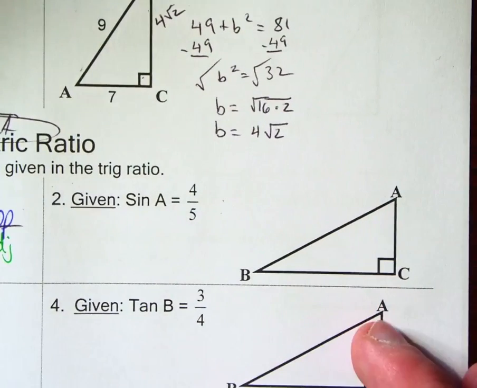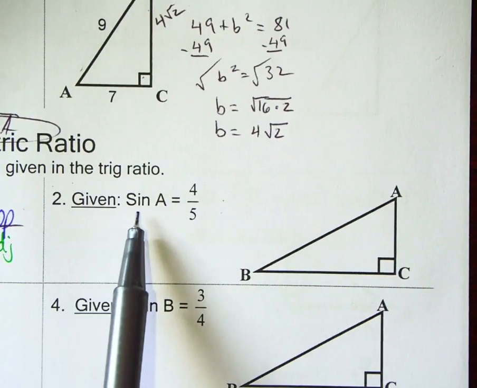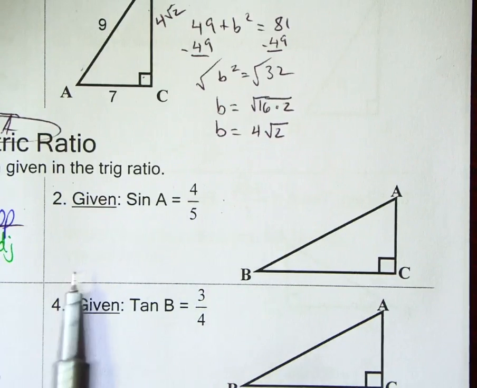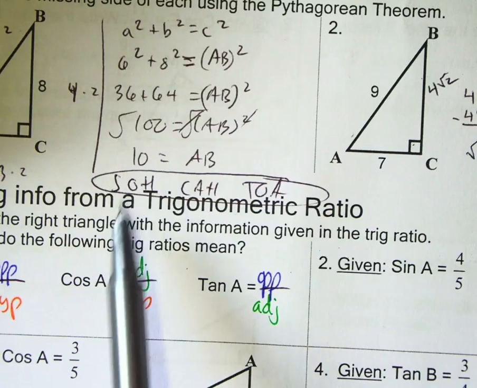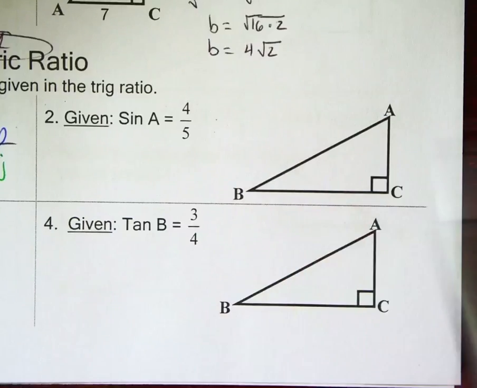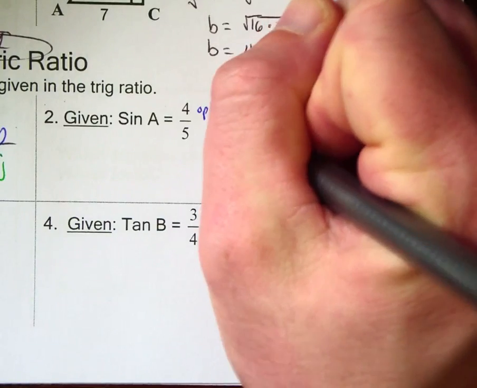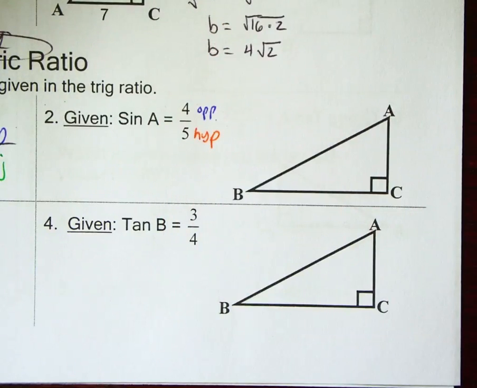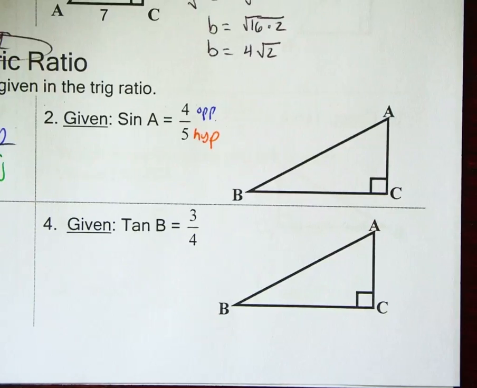So if I come over here to number 2, take a look what's going on. Something's been given to you. The sine of a is equal to 4 over 5. Now hold on, what's sine again? SOHCAHTOA. So S for sine is opposite over hypotenuse. So if you come down here, what that means is the opposite is 4 and the hypotenuse is 5. But we want to go and be good students.